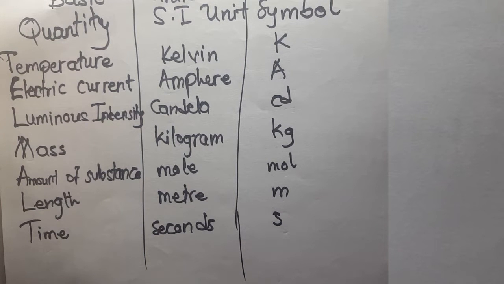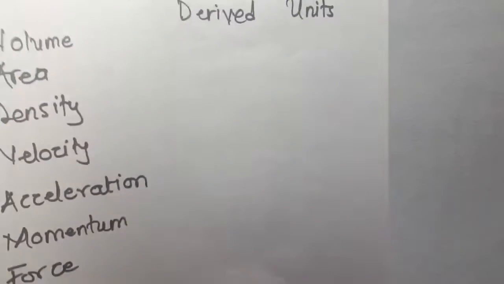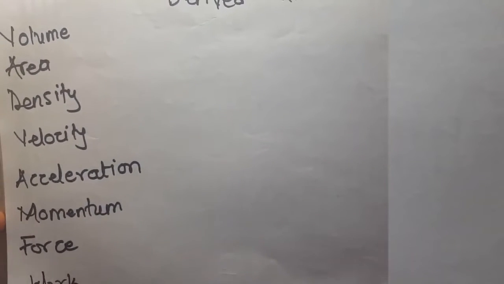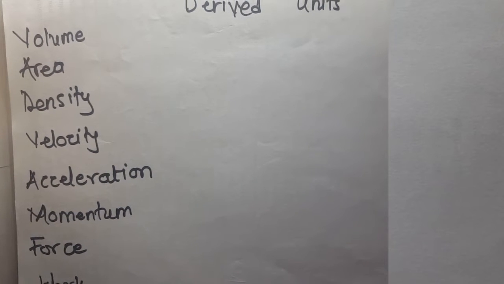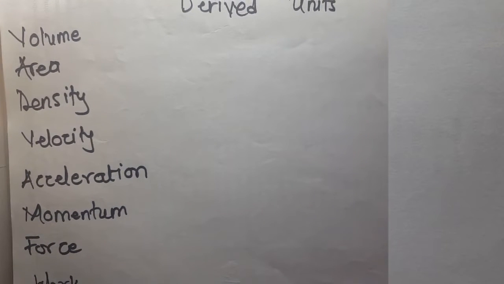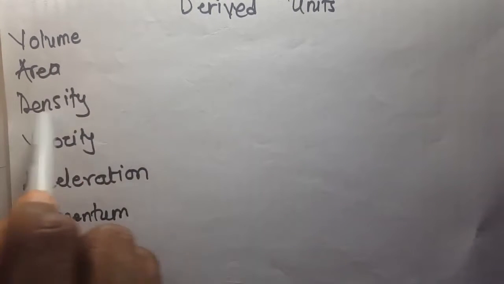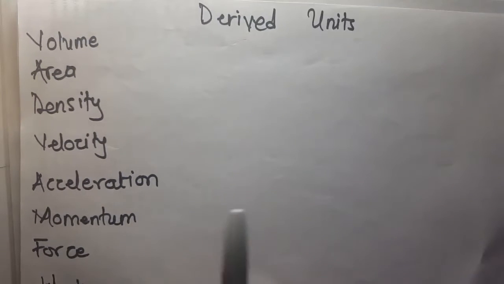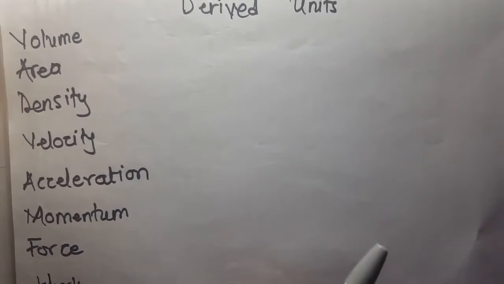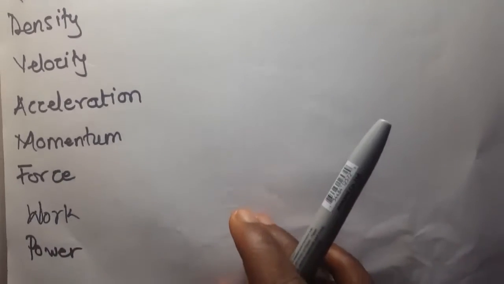Now, let's look at derived units. These are some derived units, not all of them. Derived units are more. We have volume, area, density, velocity, acceleration, momentum, force, work, and then the next one is power.